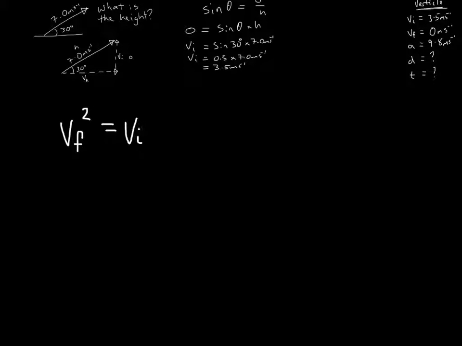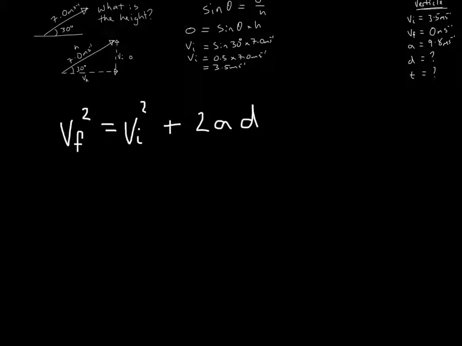So this equation here, which is the final velocity squared equals initial velocity squared plus 2AD. Okay, so this is the equation we're going to use.